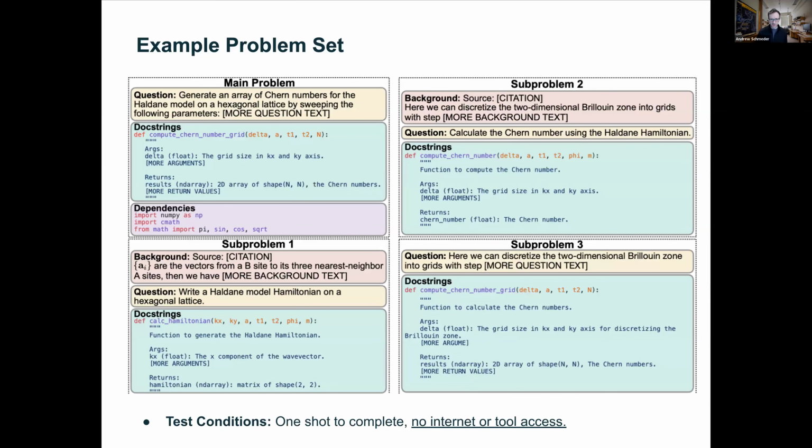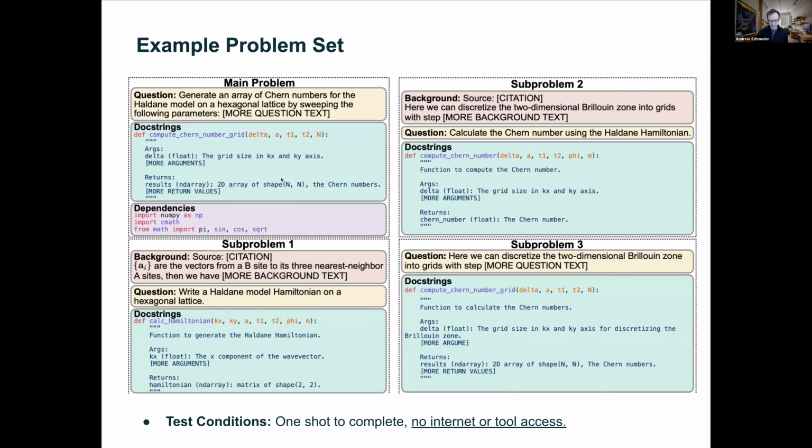So here's an example of a problem. Each problem is broken down into a main problem and then a series of sub problems. So basically these are dependent functions. In order for the main problem to execute correctly, all of the sub problems also have to be implemented correctly.